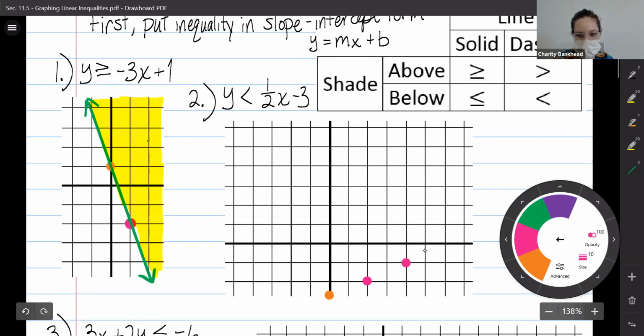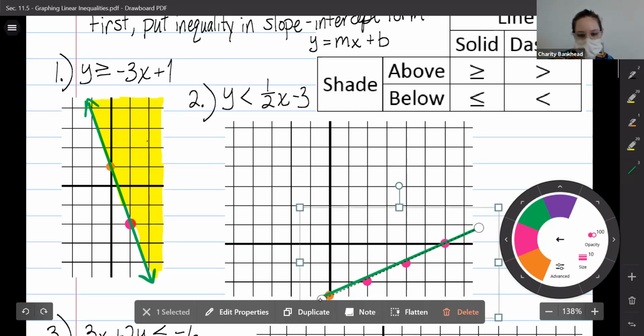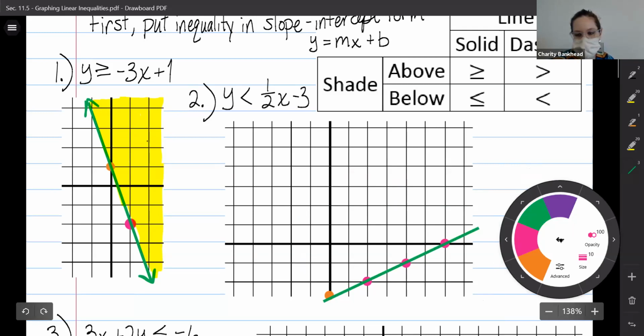And I'll do it a few times. Okay, and this is ultimately going to be a dashed line because it just says y is less than, not less than or equal to. It's going to be a dashed line.